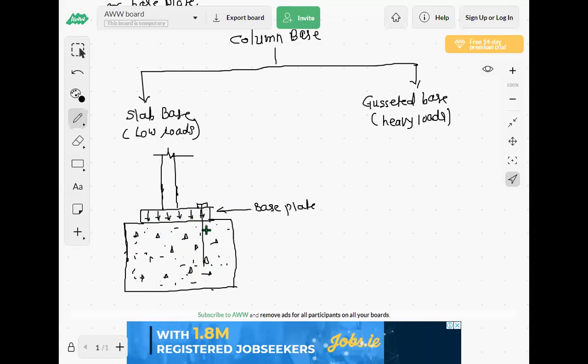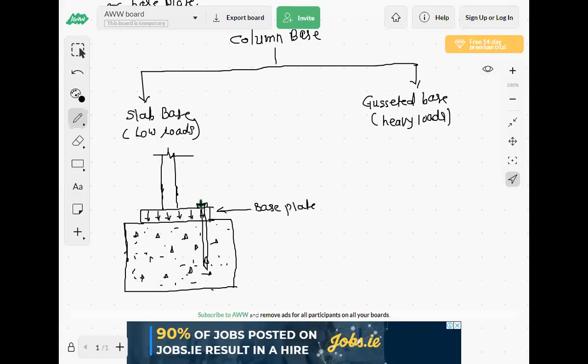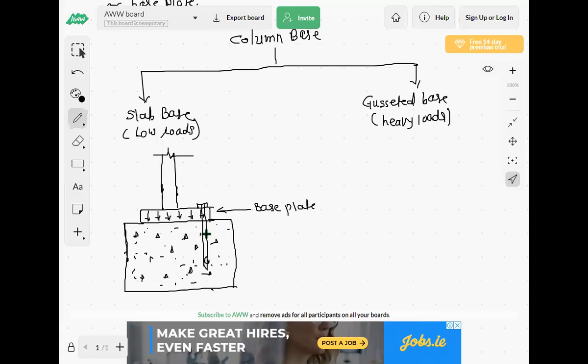The base plate is connected to this concrete pedestal through these anchor bolts. So these are the anchor bolts, and this column is fixed.